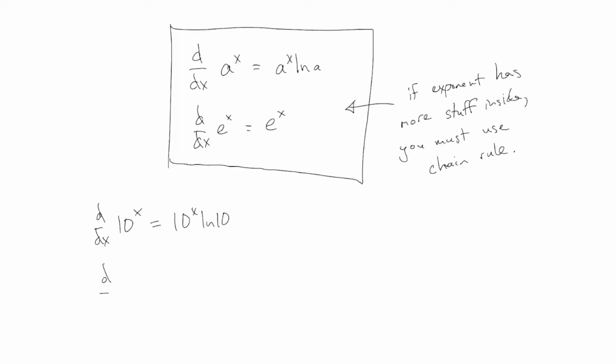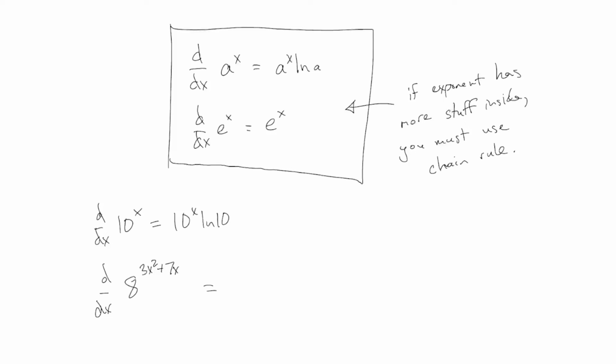So for example, if we had something like the derivative of 8 to the power 3x squared plus 7x, how about that? Again, I'm going to use the first formula in the box because it's an 8 and that number is not e, so you can't use the second one. You only use the second one when it's e. If it's any other number, you use the first one.